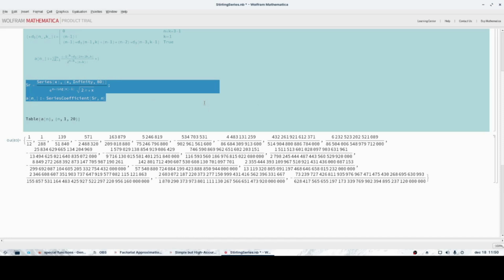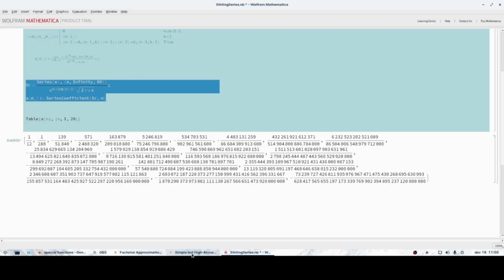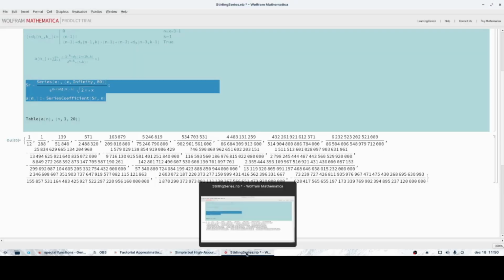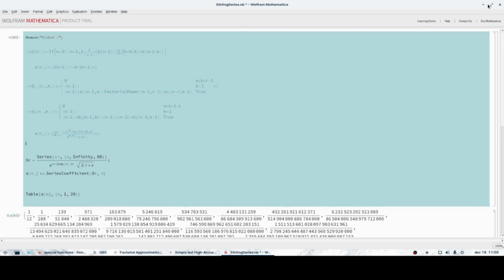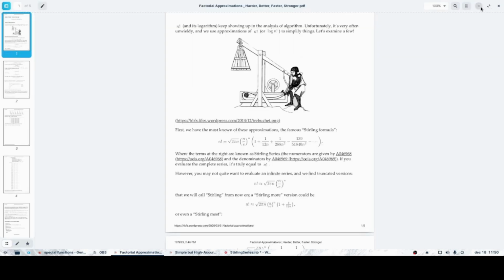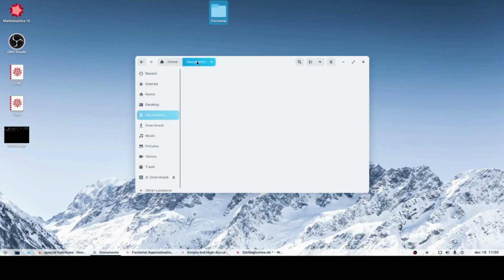And now that we have all these k's, now I can test this Stirling series to see if it's really true that as you approach infinity, this gets a better approximation for the n factorial.